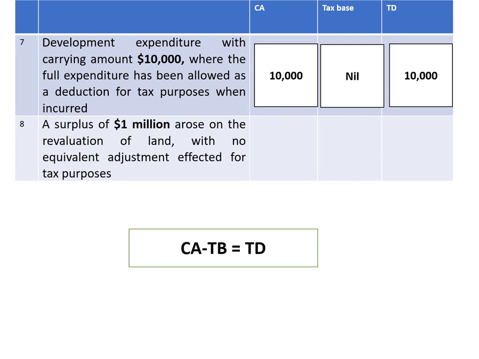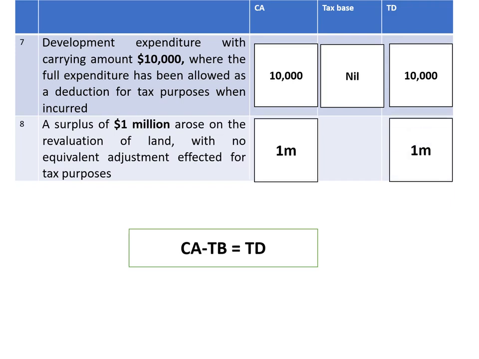Now, there's a surplus of $1 million that arose from the revaluation of land with no equivalent adjustment effected for tax purposes. In other words, we've revalued our land by $1 million. We are saying our tax base is 0 for this land because there's no equivalent adjustment that's been given for tax purposes.